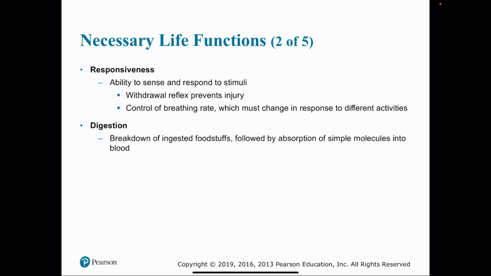Responsiveness, the ability to sense and respond to a particular stimulus, whether that's maybe withdrawing your body limb from a particularly harmful or painful experience. Say, like if you were to step on a thumbtack, or if you were to touch a hot stove or feel some kind of painful stimulus, your body would respond to that by withdrawing from it, and that is responsiveness.